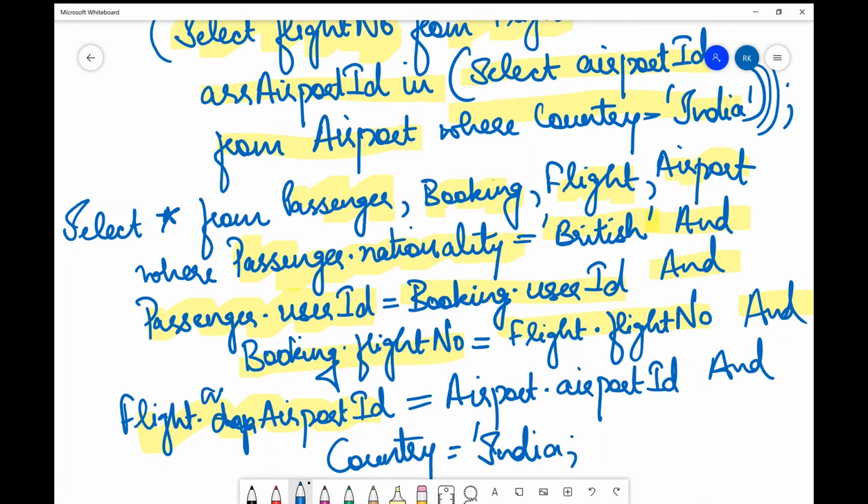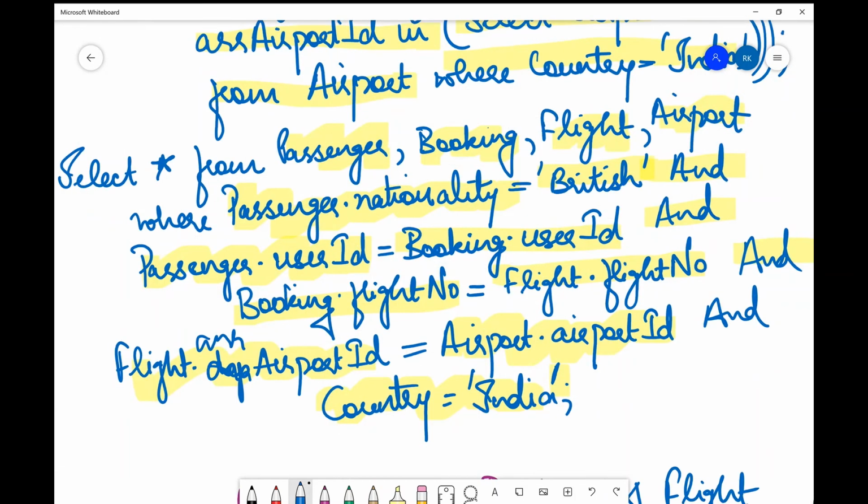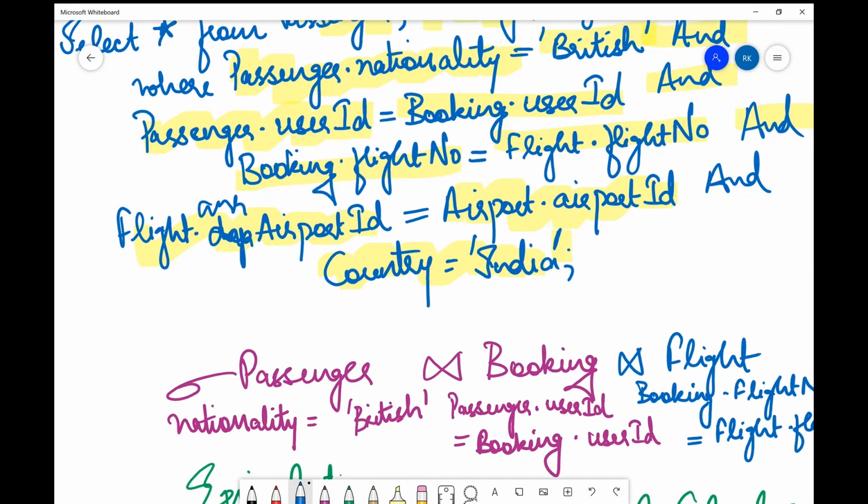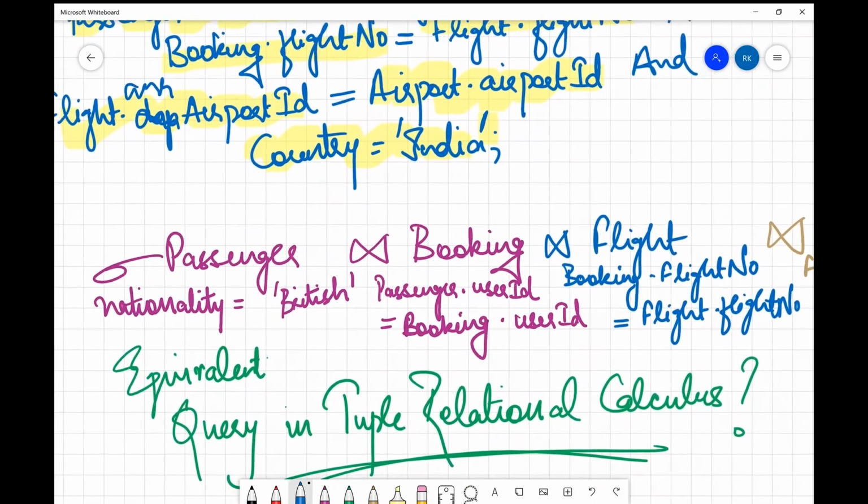So flight dot arrival airport ID equals airport dot airport ID, and finally another selection condition, country equals India, because we are concerned about the arrival airport in India. So country equals India. So this is how we perform this query using join. Now let's check how we perform that using relational algebra.